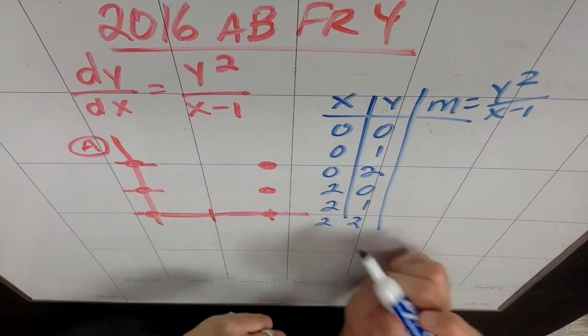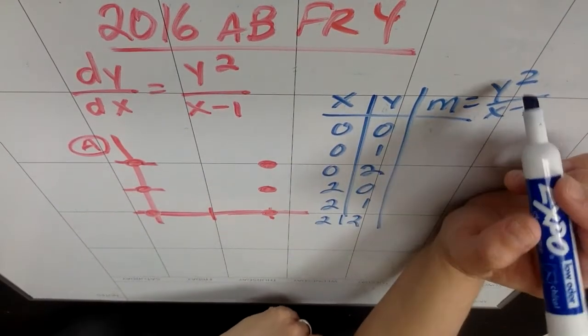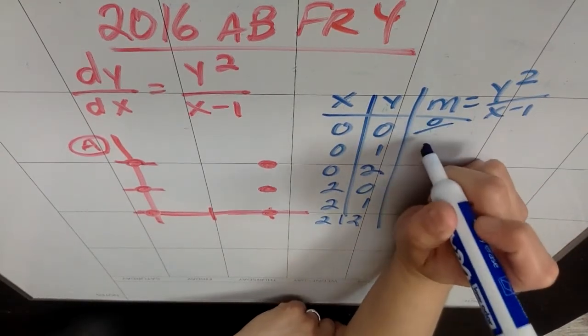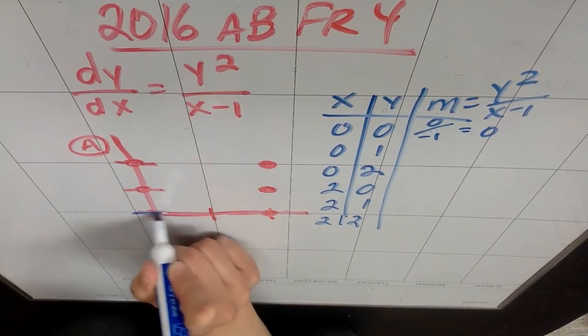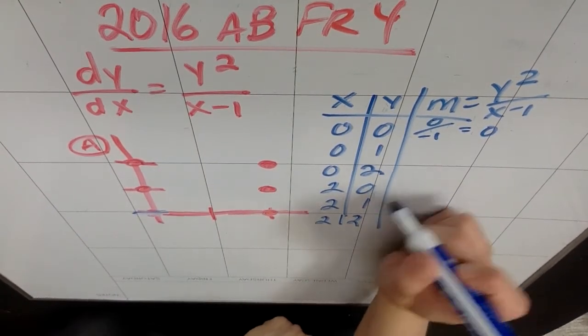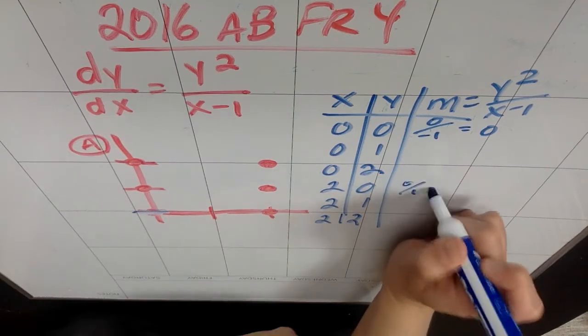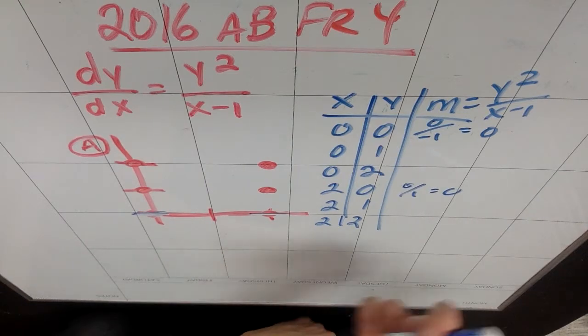So when I plug in y is 0, basically both of these points, I'm going to get a 0 on top of a non-zero number, so I'm going to get 0. So at both (0, 0) and also at (2, 0), you're going to get a 0 on top of 1, which is 0. Both of these should have horizontal slopes, so those are flat slopes, or horizontal lines, slope of 0.